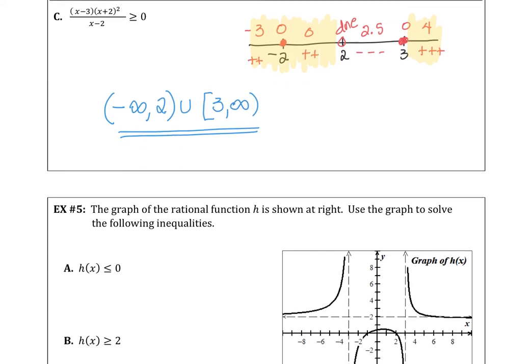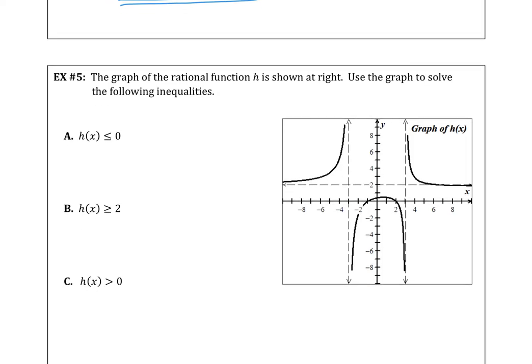Example 5 is our last example. The graph is shown at right, and we're going to use the graph to solve the following inequalities. So where is the function less than 0?